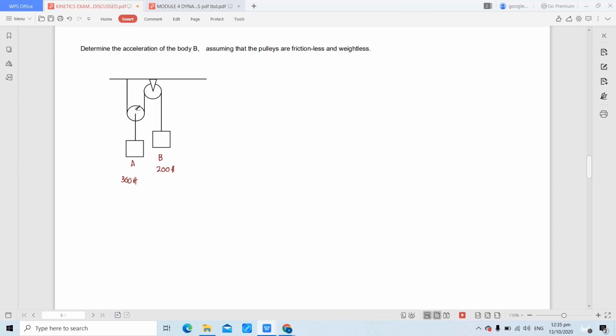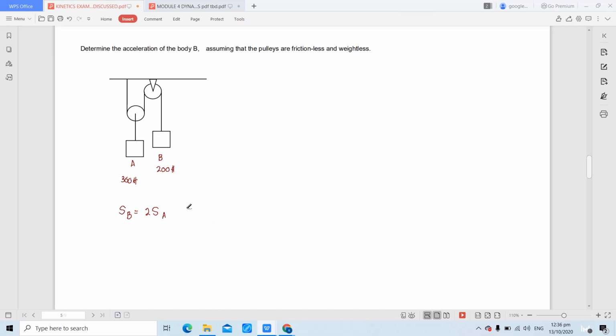But then, sa part na to, yung 10 feet na yon, tataas yung kalahati. So, along this part, bababa yung 5 feet and then tataas yung 5 feet. Therefore, we can assume na yung distance traveled ni body A is 5 feet. Kapag nag-travel ng 10 feet si body B, magta-travel si body A ng 5 feet. Therefore, we can assume that distance traveled of body B is twice distance traveled of body A.